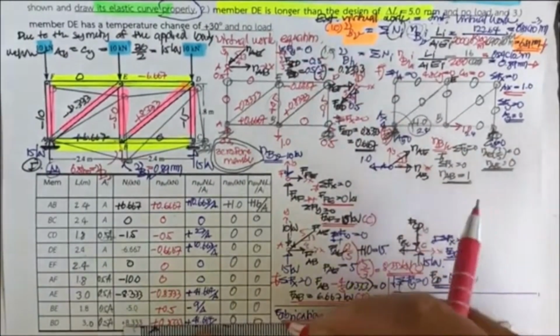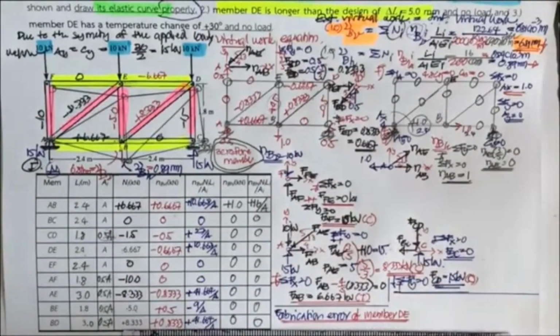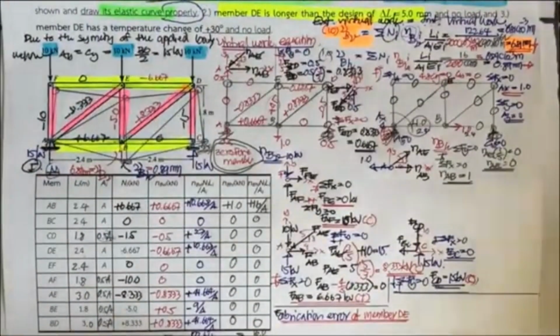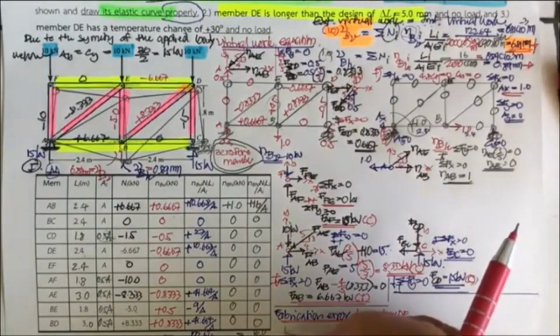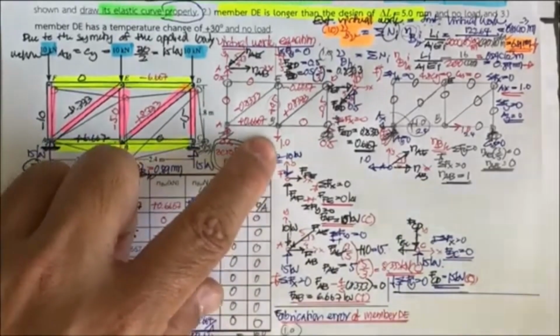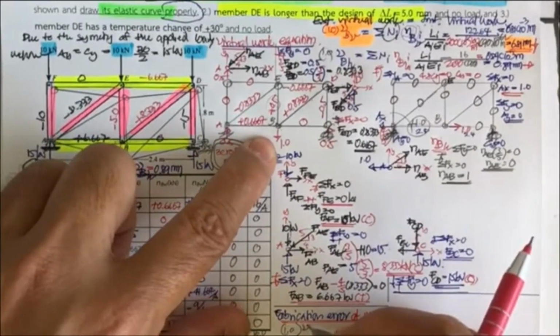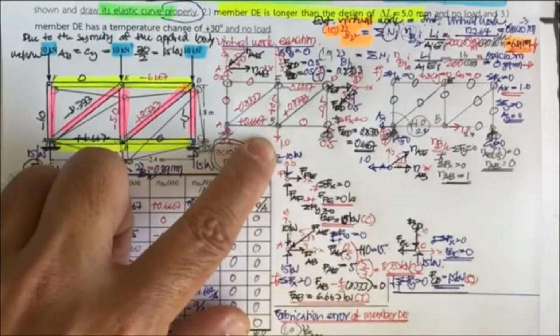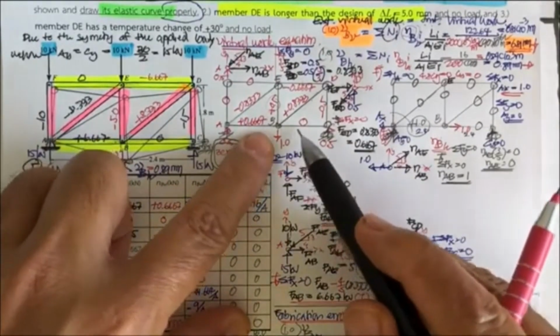Now, the virtual work equation that we have for this is going to be 1.0, the same thing, 1.0. And 1.0 is for what? For the force applied to determine the deflection at B in the vertical direction. So it's going to be this picture.